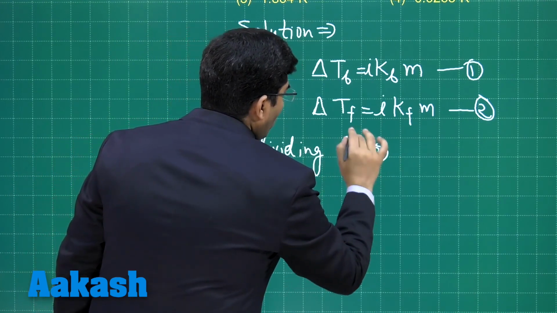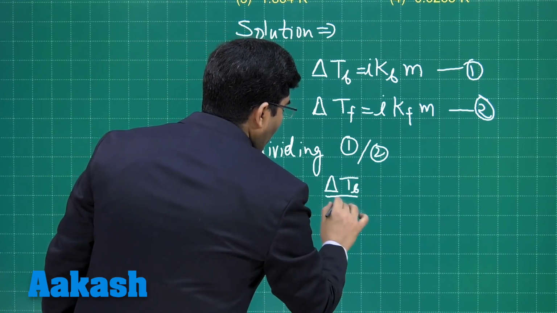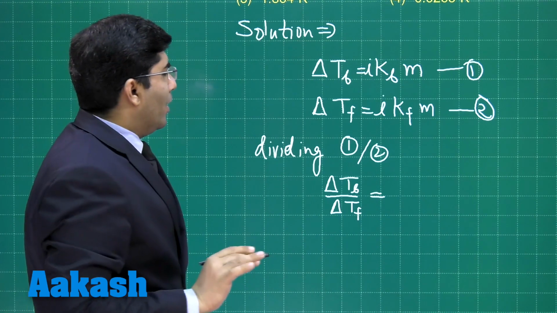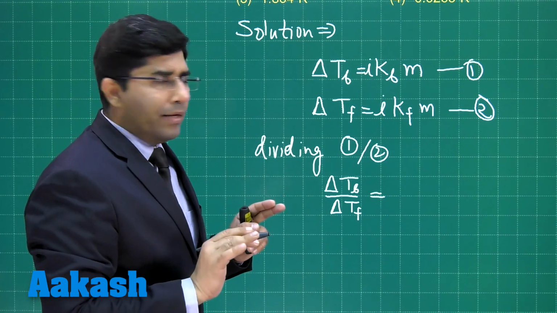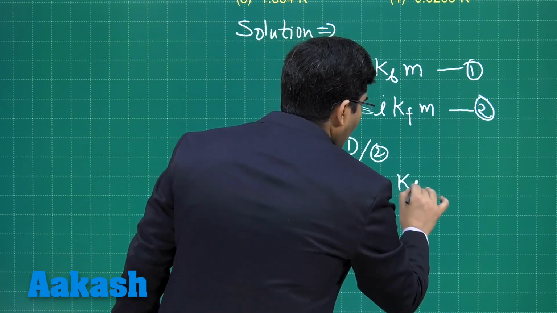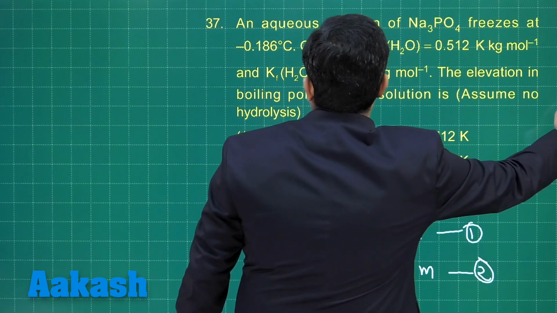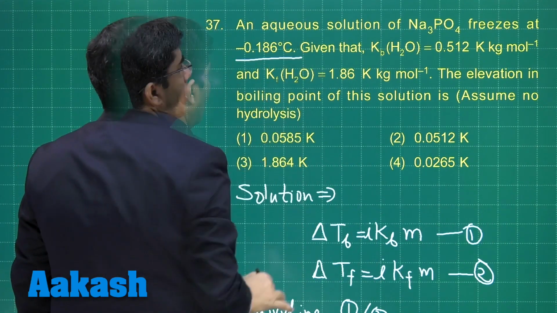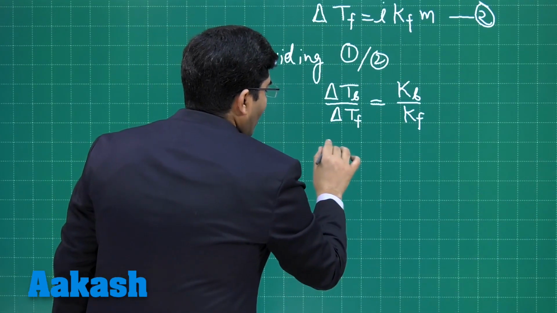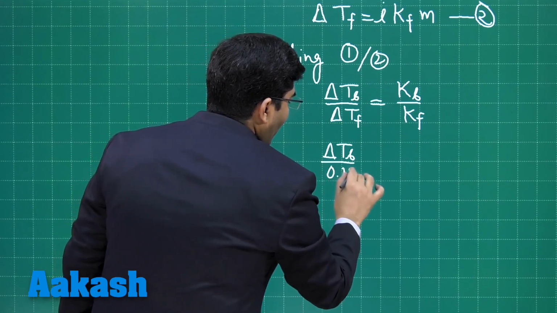So dividing 1 by 2, we will get delta Tb upon delta Tf is equal to, now this i will get cancelled, Van't Hoff factor does not have any role to play here, molality and molality will get cancelled. So we will have straight away Kb upon Kf. Now, the value of delta Tf is given to us, so delta Tb divided by 0.186.